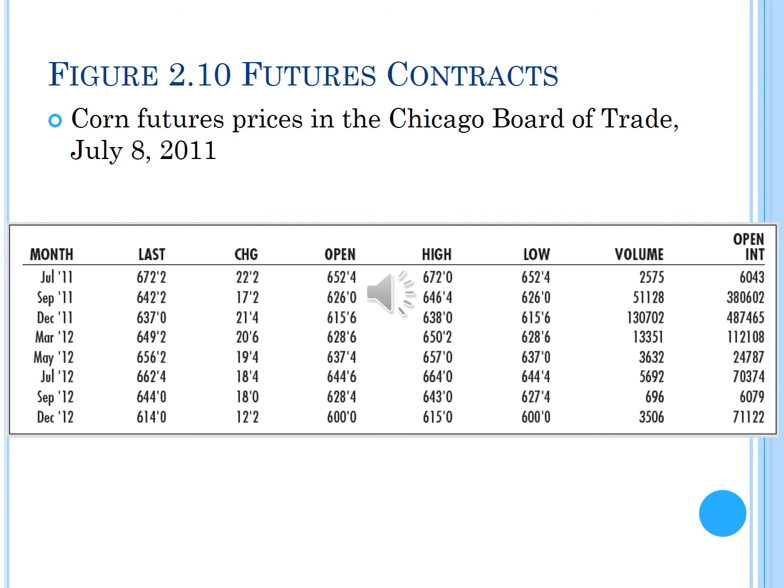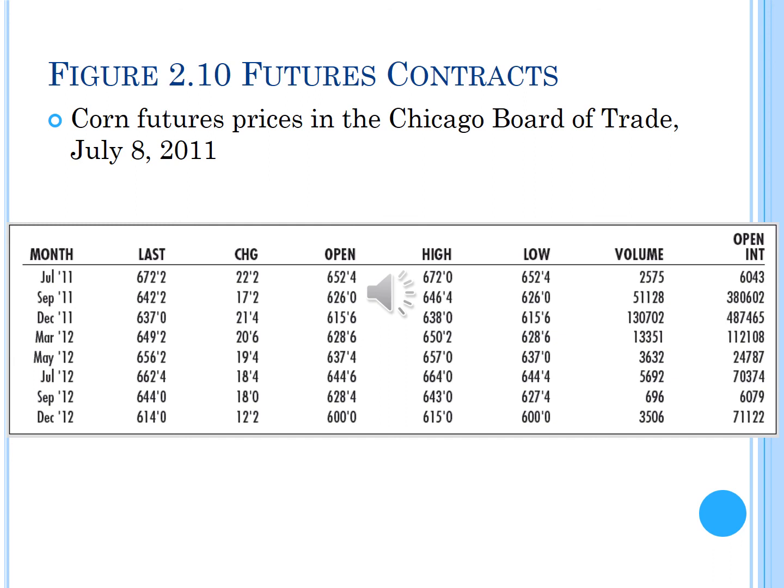Because each contract calls for delivery of 5,000 bushels, the profit to the long position in this case, ignoring brokerage fees, would equal 5,000, the number of bushels of corn, multiplied by the difference between the futures contract price and the current market price for the corn, which is simply subtracting $6.92 minus $6.72.